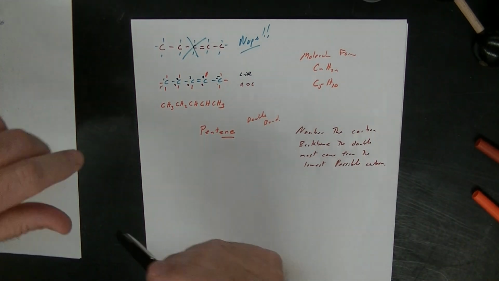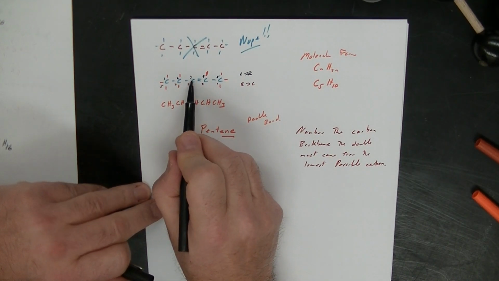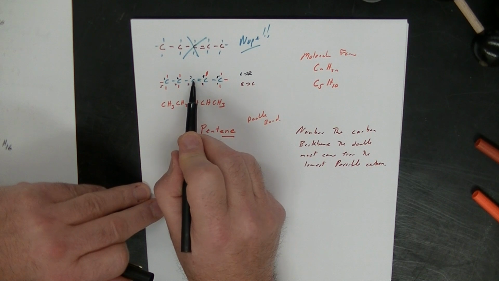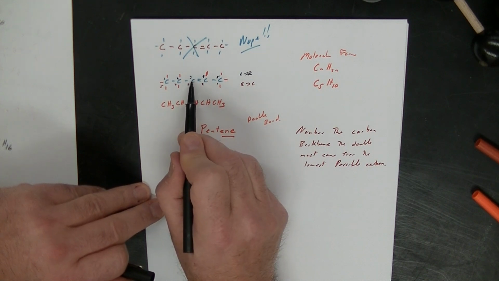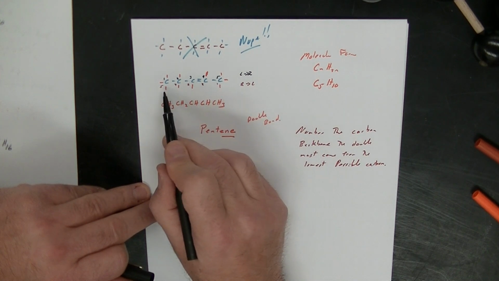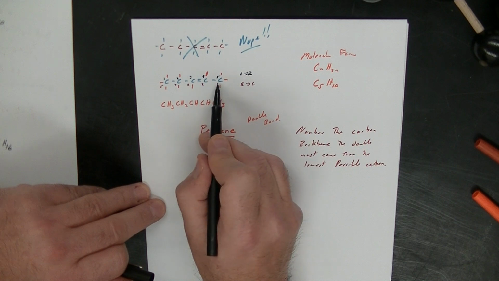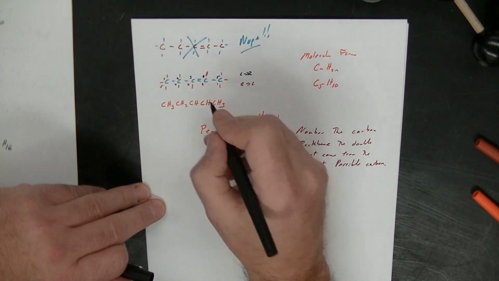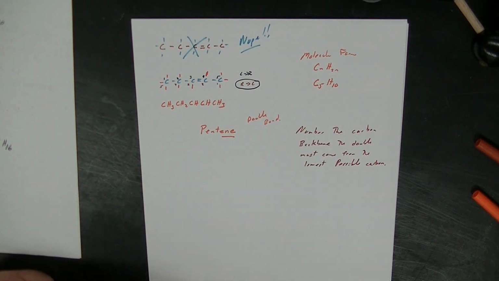What do I mean by that? Well, let's look. If I number it left to right, the double bond is coming from the 3rd carbon. It's between 3 and 4, so it comes from the 3rd, goes to the 4th. But if I go right to left, it's coming off the 2nd carbon. So this way is the correct way to number it.